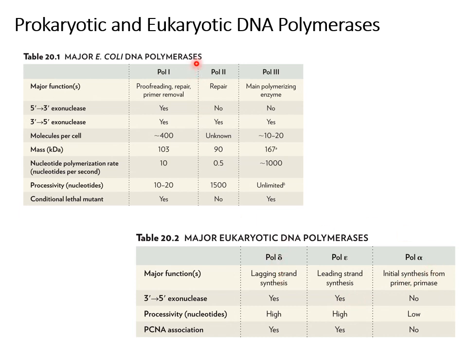So with the bacterial ones, you see that the one we emphasized so far is pol 3, and pol 3 is the main polymerizing enzyme, meaning that's the one that's going to be building the new strands of DNA. Okay. You then notice that pol 1 has proofreading, repair, and primer removal.